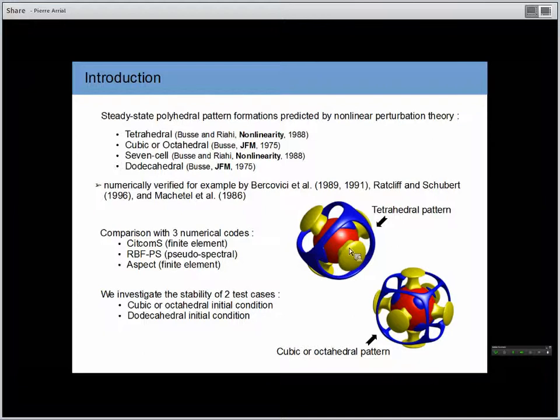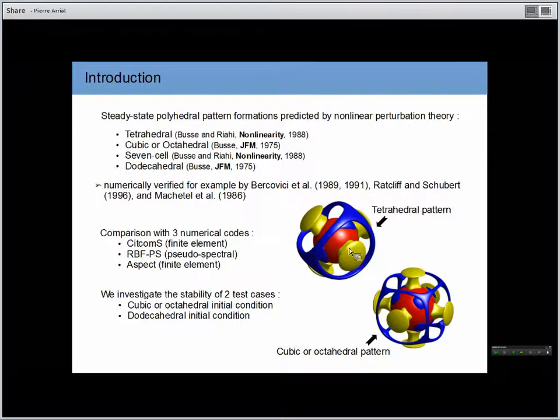So if the tetrahedral and cubic patterns are known now, the behavior of steady-state solutions with higher order of symmetry has not been examined, in particular the dodecahedral initial conditions.